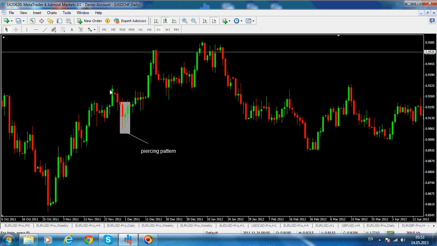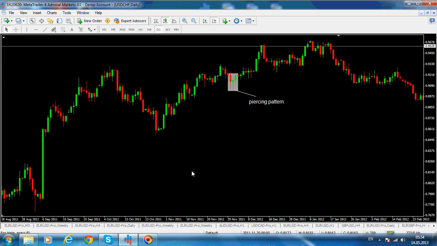As you can see, also the falling trend previous to this pattern is not that strong, not that big. Basically, we are part of a stronger move to the upside. So this looks to be a correction, but anyway, a piercing pattern seems to be in place in this case too.